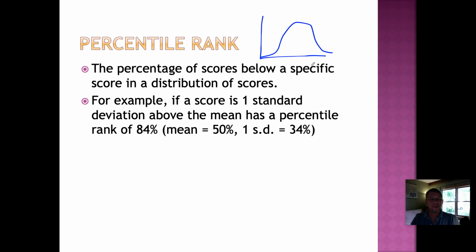If a score is 1 standard deviation above the mean, this is the mean value right here, and we move 1 standard deviation above it to here. Now remember, that should be 34 percentage points. So if a score is 1 standard deviation above the mean, it has a percentile of 84%, right?